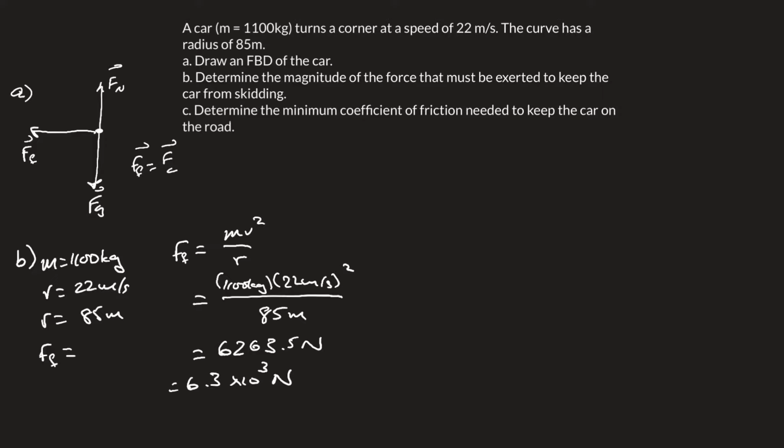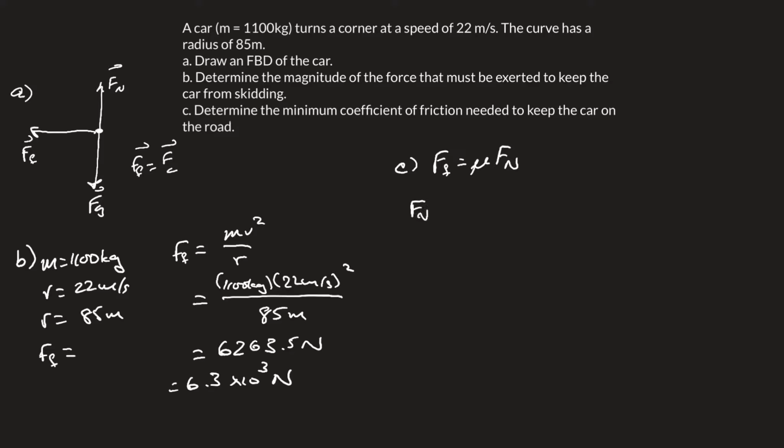Now, how about determining the minimum coefficient of friction needed to keep the car on the road? So let's recall that the force of friction is equal to our coefficient of friction times Fn. We know Ff, and we can solve for Fn.